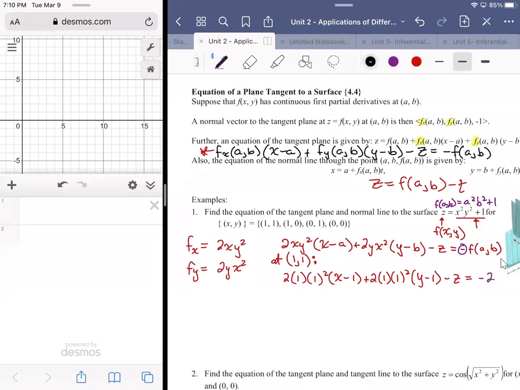Then it's just a matter of cleaning it up a little bit. So 2 parentheses x minus 1 plus 2 parentheses y minus 1 minus z is equal to negative 2. 2x minus 2 plus 2y minus 2 minus z is equal to negative 2. We can add the 2's to both sides.